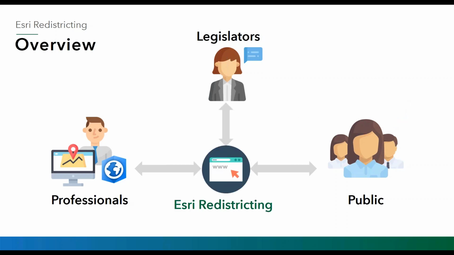Esri Redistricting is a web-based application that helps to bridge the gap between these groups. It's a way for professionals to use their GIS software, such as ArcGIS or other redistricting software platforms, and input their plans into the Esri Redistricting environment. It allows the public to be able to not only give input, but create their own plans for submission in this environment as well.